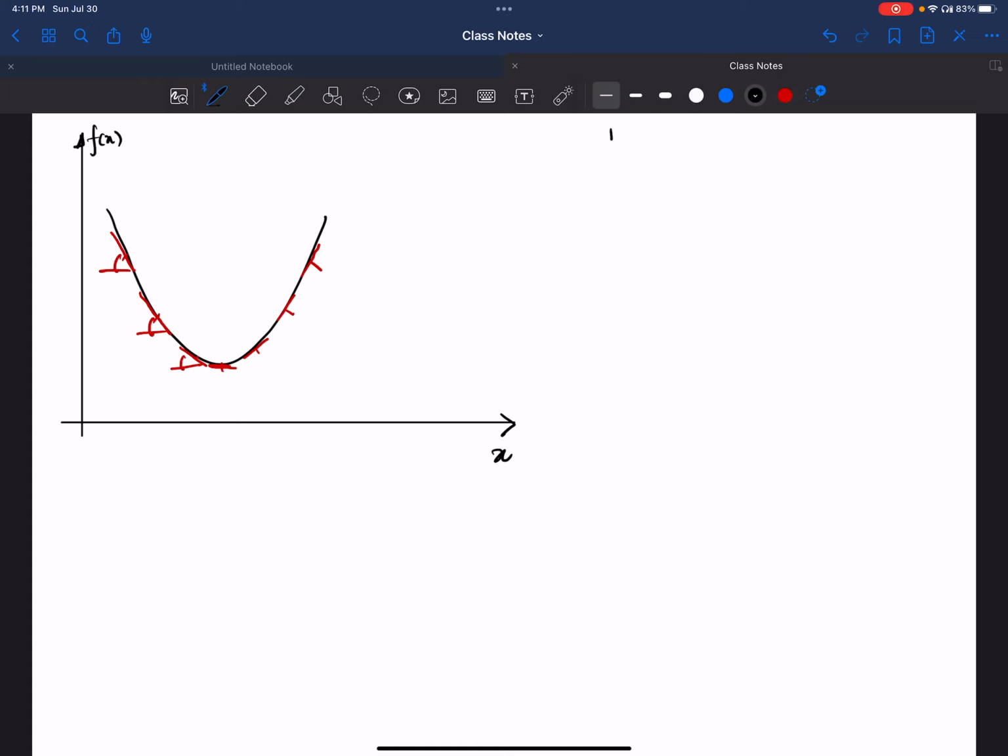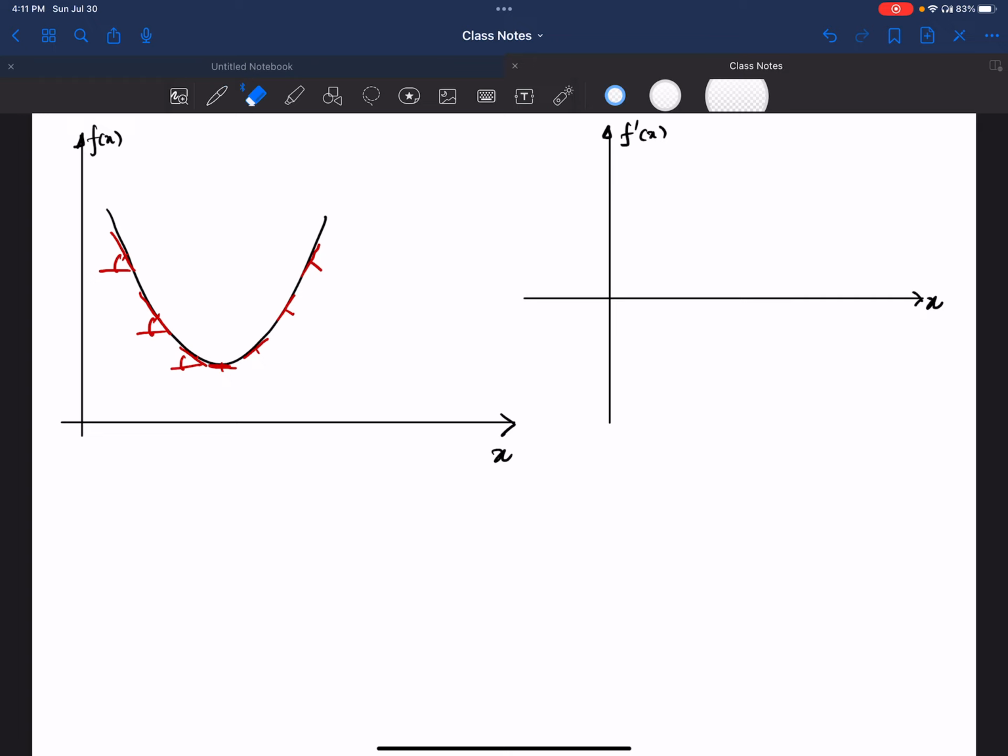So if I draw here the curve of f prime of x with x. What happened to f prime of x here is that, let me erase this line, somewhere here, x. f prime of x is negative. First it starts with a negative value, right?